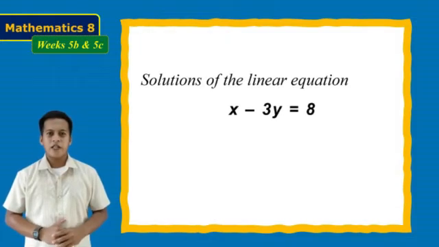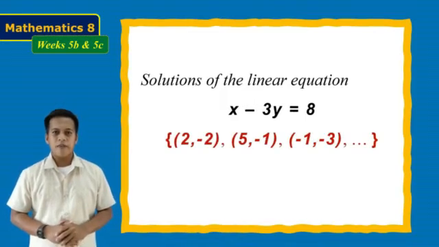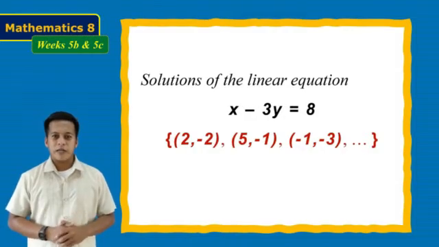We identified three solutions of the linear equation x minus 3y equals 8. They are (2, negative 2), (5, negative 1), and (negative 1, negative 3). Where do we graph these coordinates of x minus 3y equals 8?